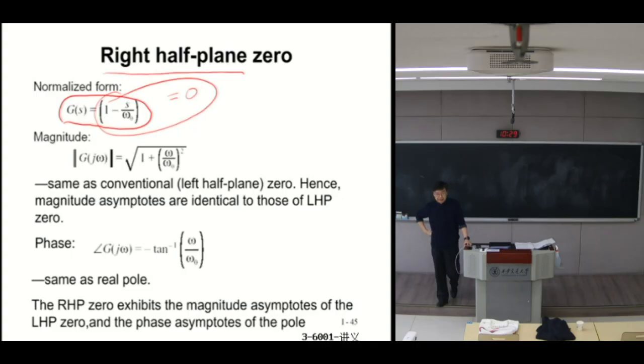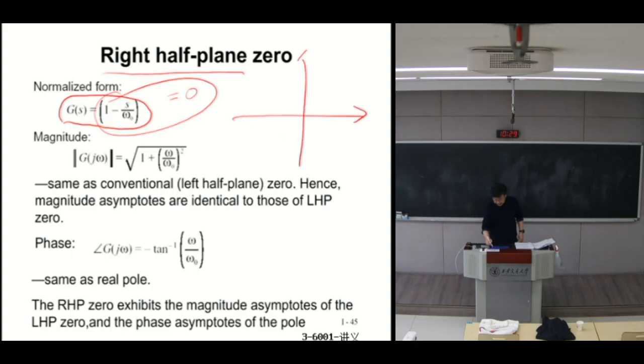That means if this is the complex plane, the horizontal axis represents the real part, the vertical axis represents the imaginary part, and this is the origin. A normal single zero or single pole has a root of this equation located on the left half plane.